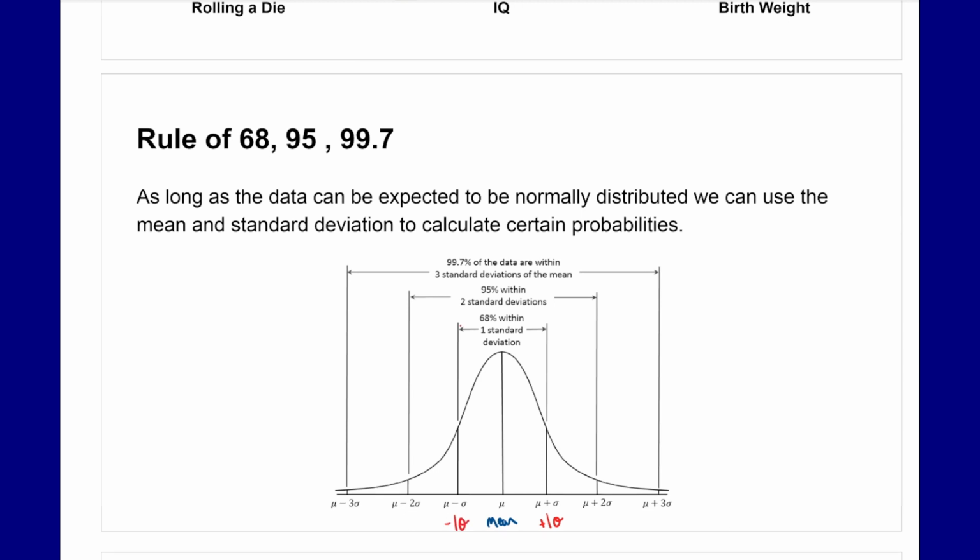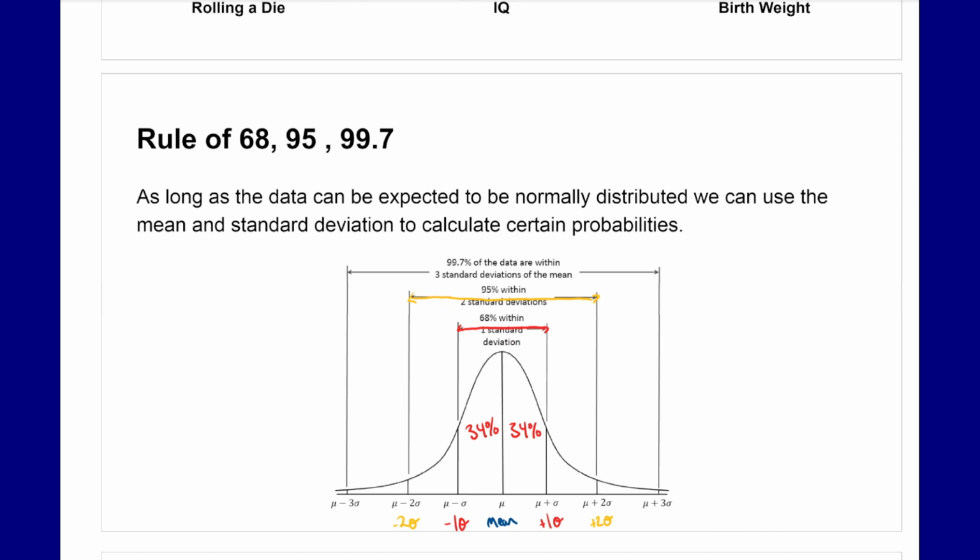One standard deviation from the mean, we have 68% of our data. That means that we have 34% from the mean minus 1 to the mean, and 34% from the mean to the mean plus 1. If we extend a bit further, if we go 2 standard deviations away, so the mean plus 2 standard deviations and the mean minus 2 standard deviations, we find that there is now 95% of the data between those two ranges.